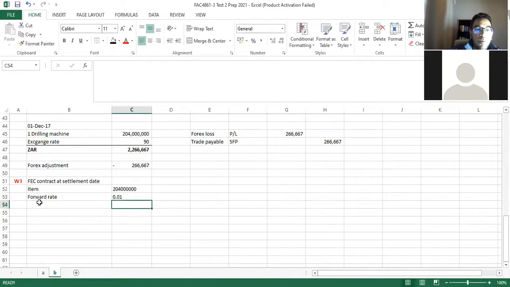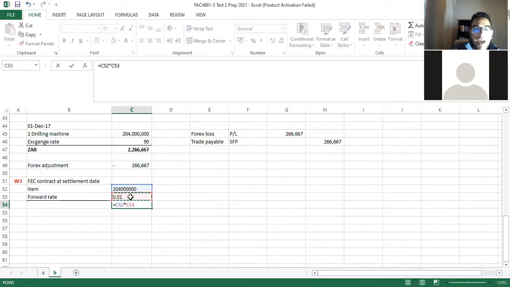It is 0.01. We can multiply over here. Why can we multiply? Because the exchange rate is given as 1 foreign currency equals some ZAR amount. It is not 1 ZAR equals foreign currency. So just take a note. Because it is given as 1 foreign currency equals a ZAR amount, we can multiply.